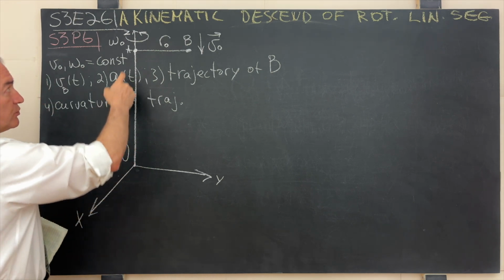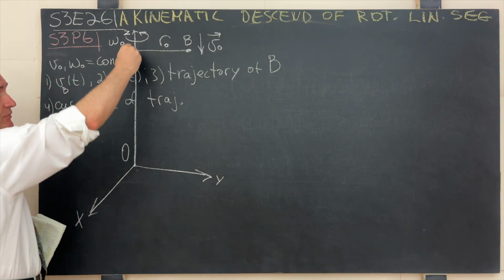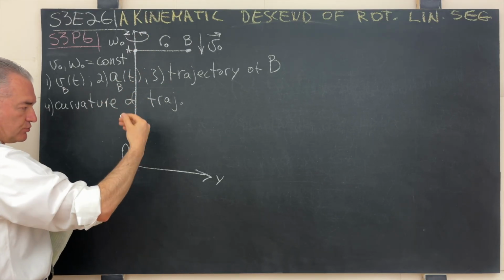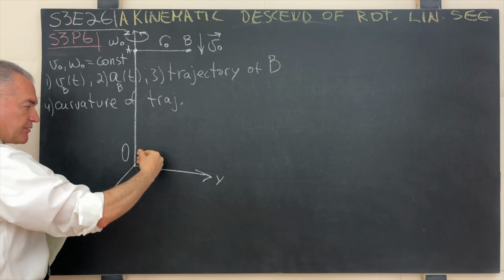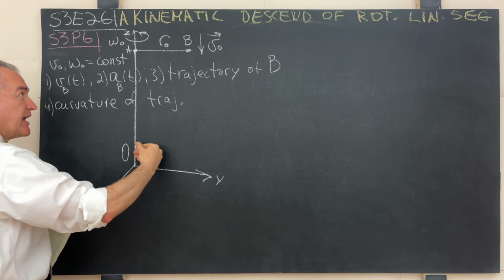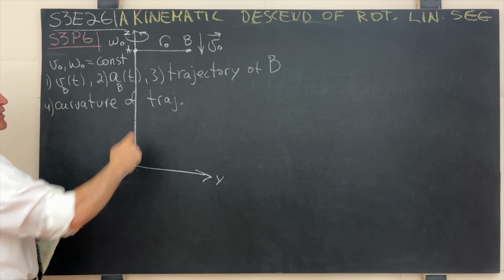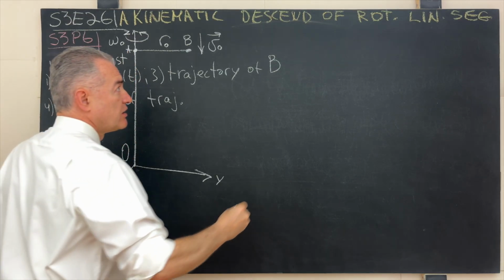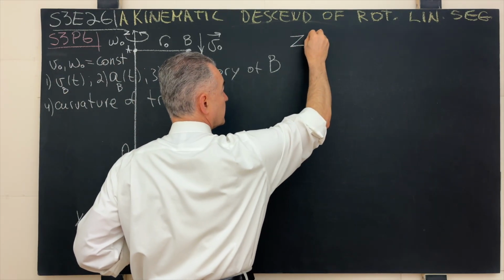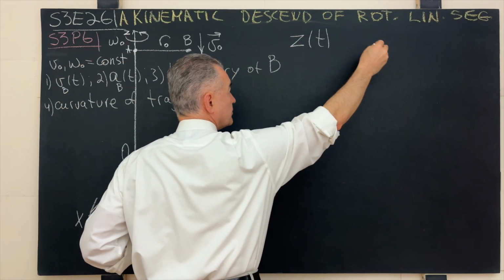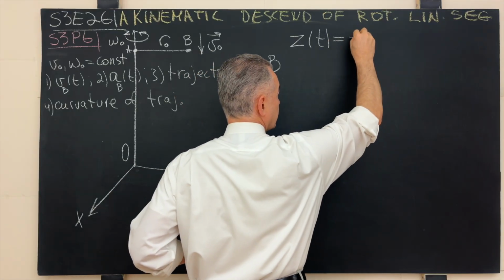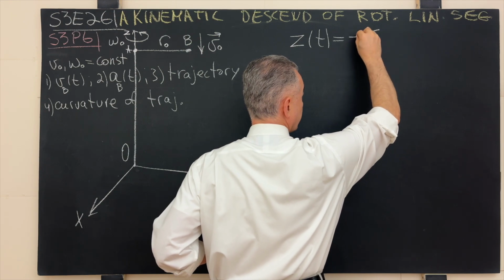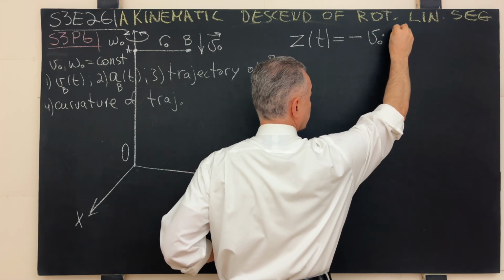And we can right away, because we're told that the line segment descends at a uniform rate, or we can also conduct a thought experiment in which the line segment ascends at a uniform rate, write the equation of motion for the point A. It will be the following. The z coordinate of that point will be, in our case, we figure it will diminish over time, so we will write it with the negative sign, v0 times t.